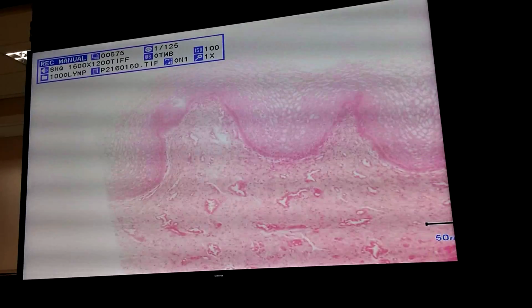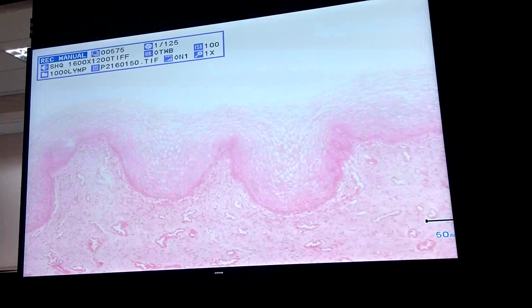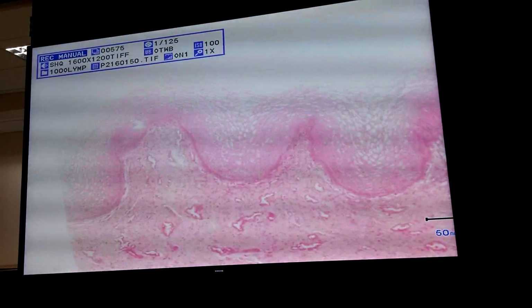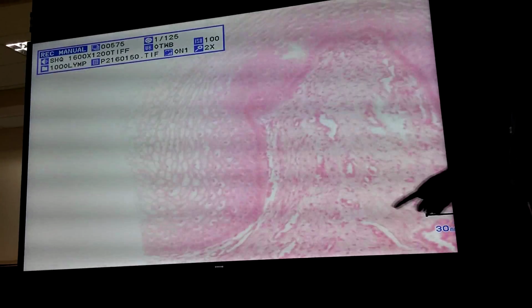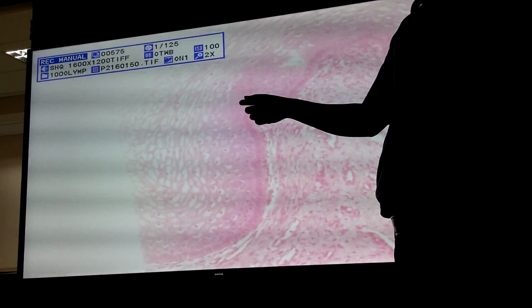Itong cervix na ito, most likely is infected with HPV. Mayroon siyang characteristic change. Anyway, this will be in your second year. However, just to give you an idea what happens to a squamous cell when it becomes infected with HPV, these are the uninfected cells.